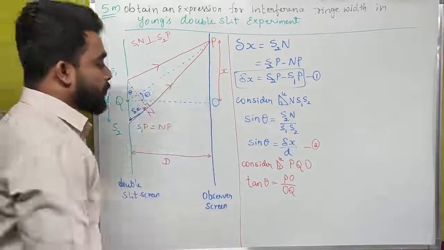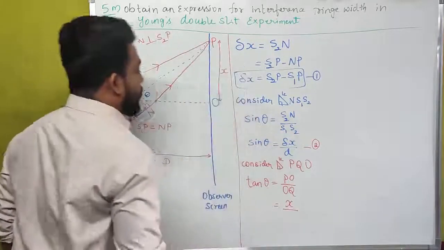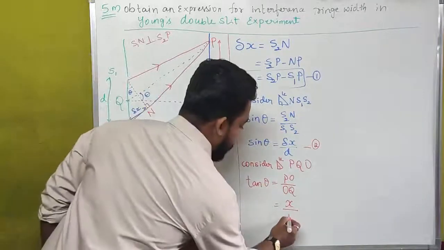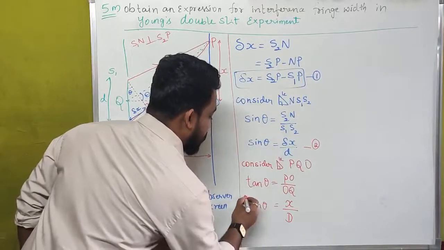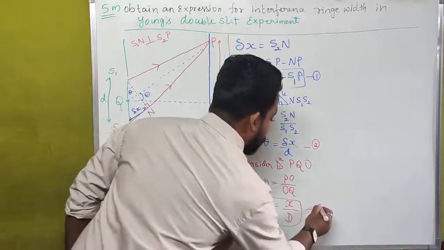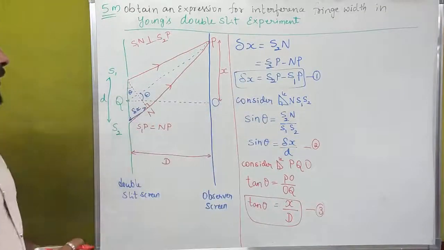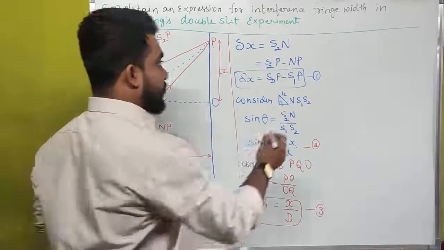What is PO? PO is equal to x here, and OQ is equal to capital D. Tan theta is equal to x divided by D. Let us assume this as equation 3.